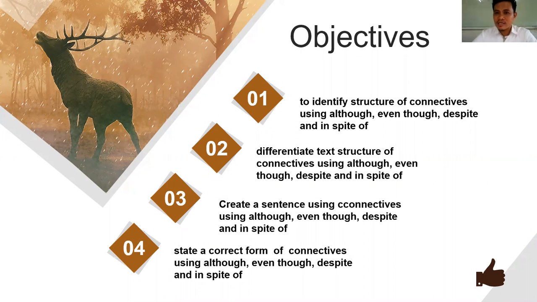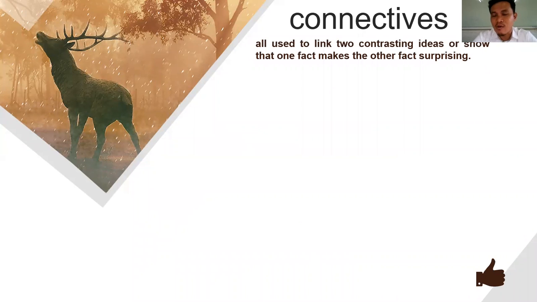Okay, so this is called a connective because it's connecting two clauses or two sentences, right? So all are used to link two contrasting ideas, or to show that one fact makes the other fact surprising. Let me tell you in a simple explanation.